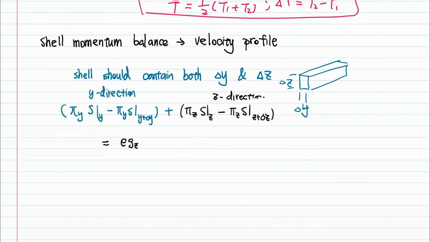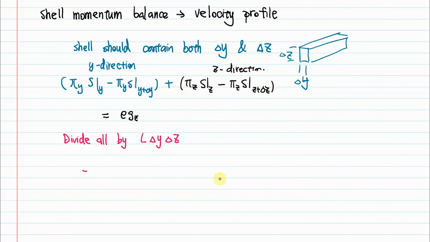Again, we're going to divide all by L delta y delta z, and we get the following: d/dy of pi y plus d/dz of pi z plus rho gz equals 0.